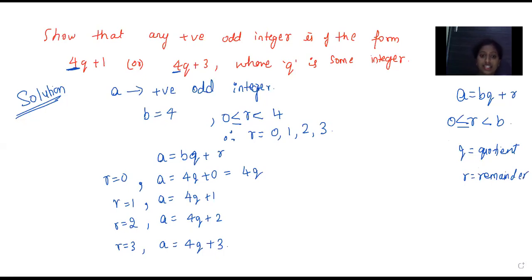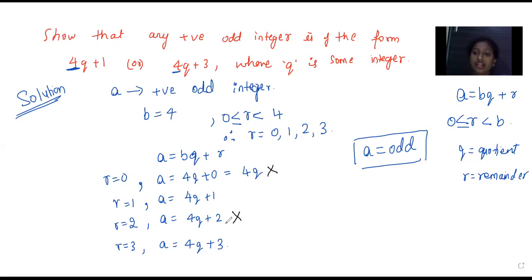Since we consider a as a positive odd integer, a cannot be 4q and a cannot be 4q plus 2. Because if you put any value for q, since 4 is an even number, if you multiply any number with an even number, you will always get an even number.